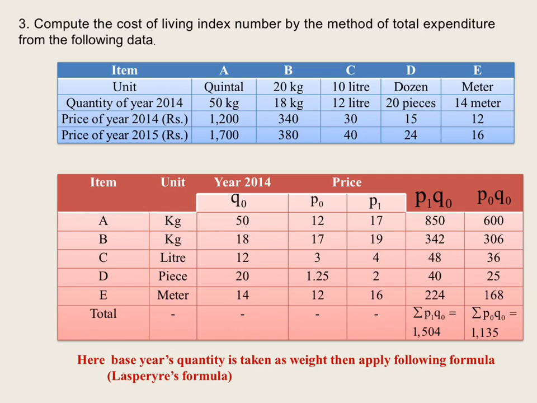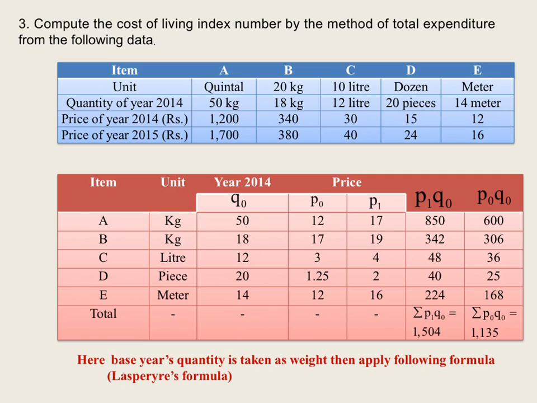We have to apply the last year's formula, because in the theoretical portion I told you that if the quantity of the base year is taken as weight, then we have to use the last year formula. So if we take this quantity, then definitely we have to use the last year formula.